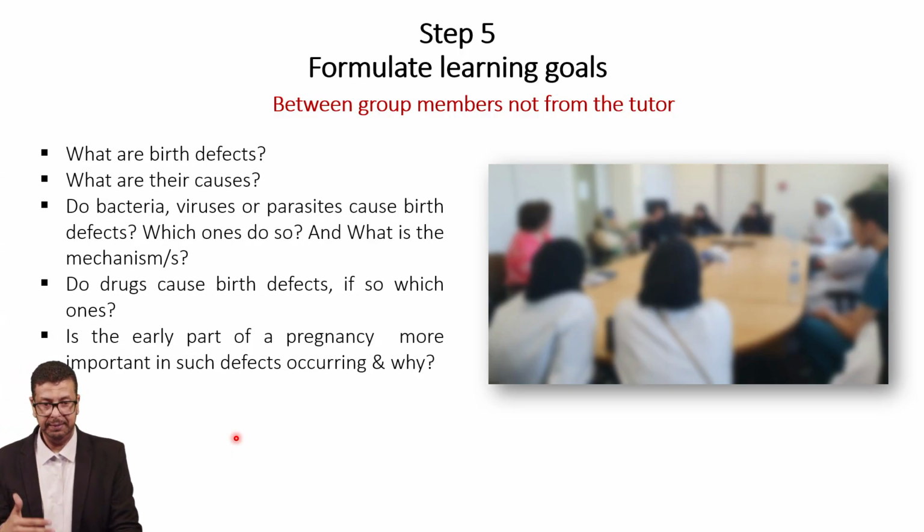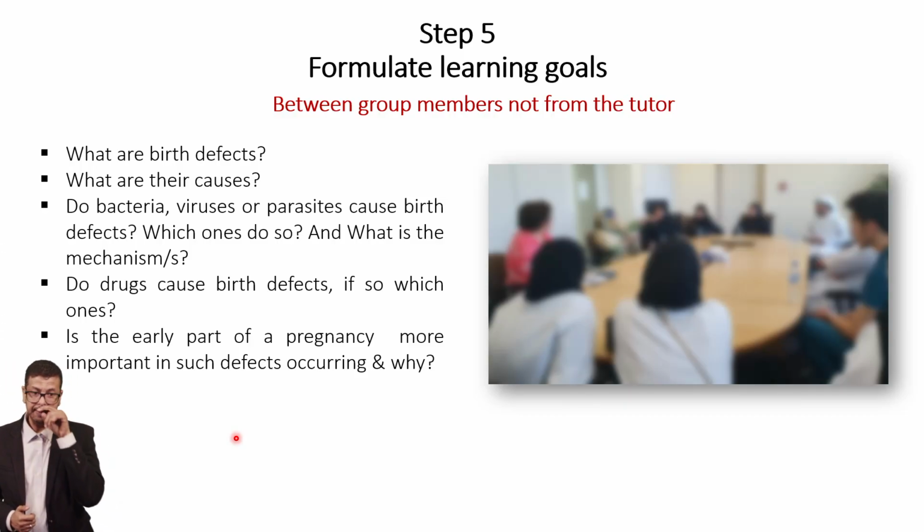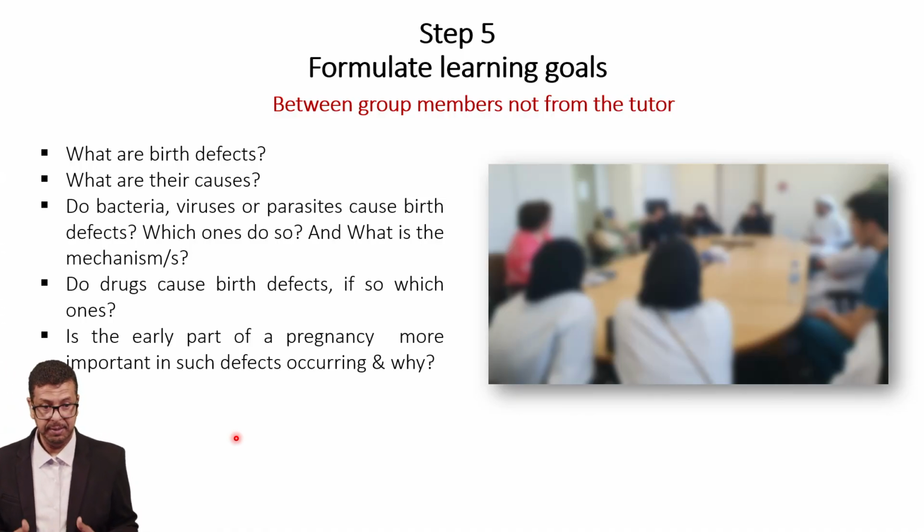The learning objectives could be related to birth defects and their causes. Do bacteria, viruses, or parasites cause birth defects? If so, which ones, and what is the mechanism? Do drugs cause birth defects? If so, which ones? Is the early part of pregnancy more important in such defects, and why? So these could be the learning objectives.